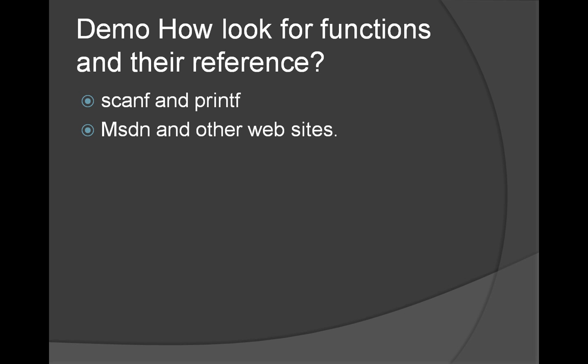So coming back, we have seen a lot of things with scanf and printf. How do we know more about these functions? That is where search comes in. If you search with the names of these functions in any search engine, you will get more information about them. Let's see that.